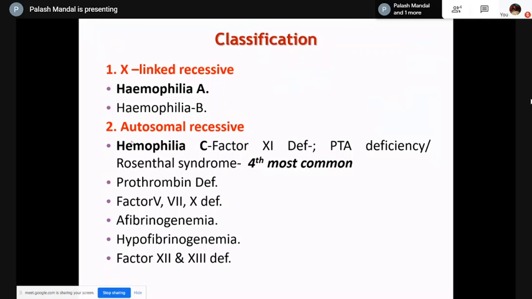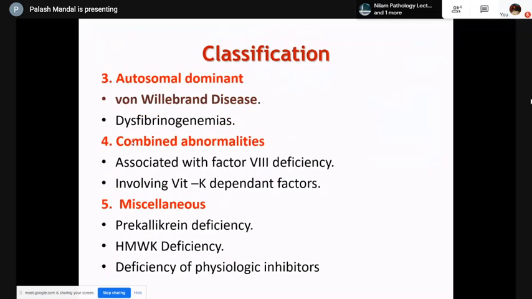These are all under the heading of autosomal recessive disorders. Now, in autosomal dominant disorders, the most important is von Willebrand disease. When we discuss it, we will see that there is a varying pattern. There can be autosomal dominant, and there can be autosomal recessive also. So von Willebrand disease is by itself a very complex disease. And there may be dysfibrinogenemias due to functional deficiency of fibrinogen.